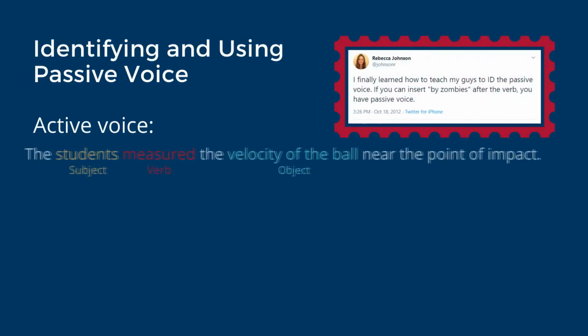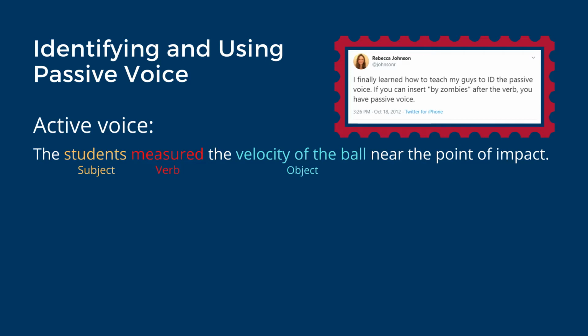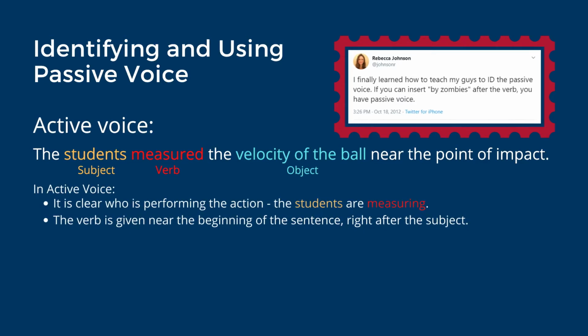An example of a sentence in the active voice is, "The students measured the velocity of the ball near the point of impact." In this sentence, we are given the subject noun, the students, immediately followed by the verb, measured. In active voice, the verb usually comes pretty early in the sentence, right after the subject.